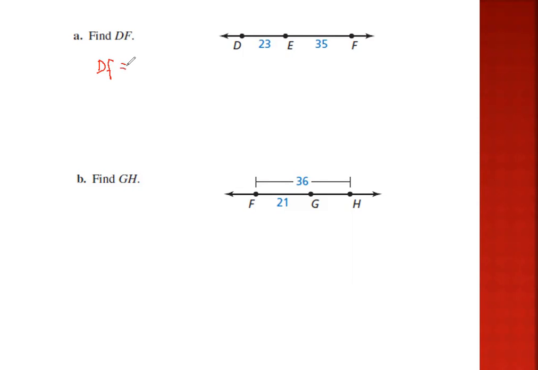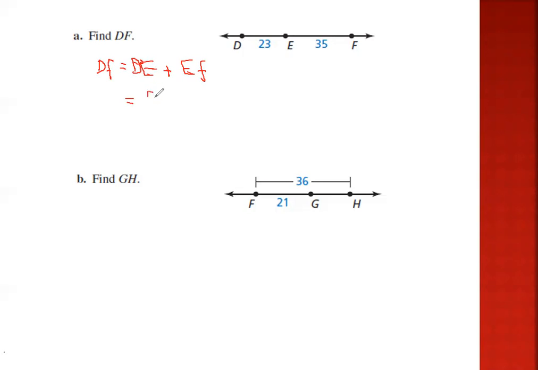Exactly. Then DF will be equal to DE plus EF, which means it will be equal to 23 plus 35.